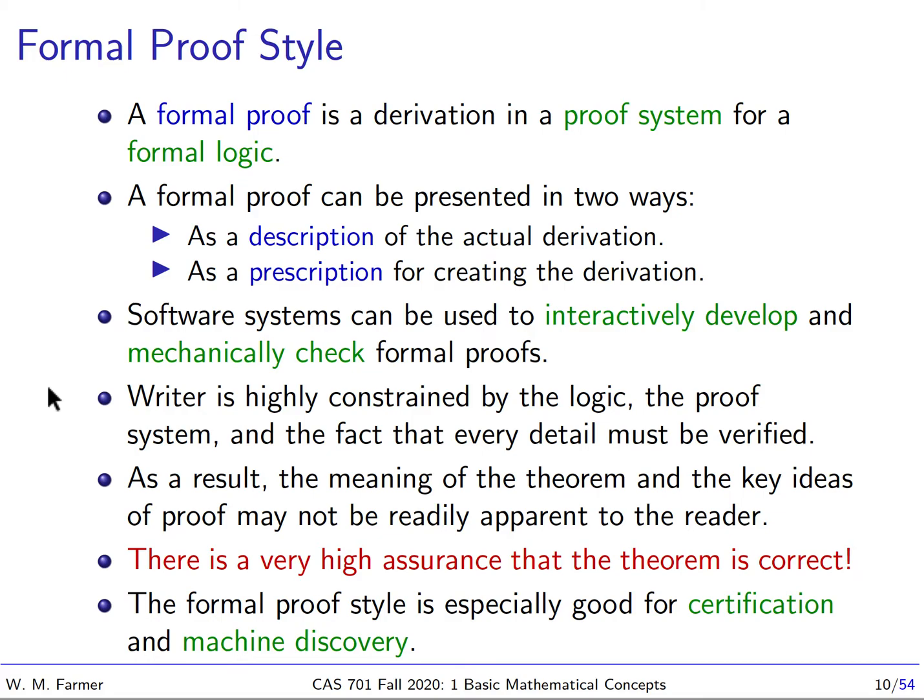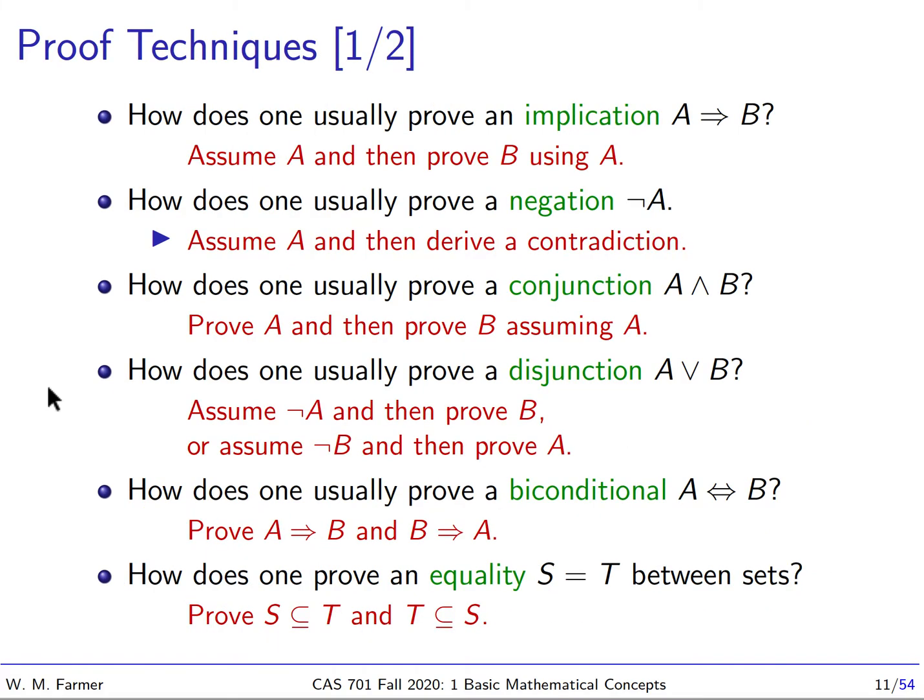In fact, writing a software system that checks whether a proof is correct in a formal proof system is relatively easy. So we can have very high assurance that the theorem is correct. So this is why we have formal proofs.